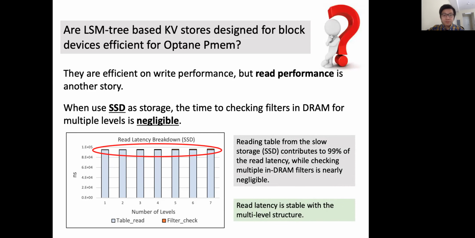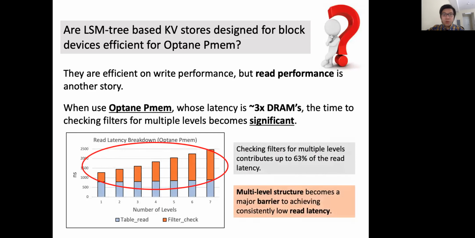But when it comes to using Optane Pmem as the storage, whose read latency is only 3 times that of DRAM, the time to check filters for multiple levels becomes significant. This figure shows the time breakdown of querying keys from a multi-level structure on Optane Pmem with Bloom filters. We can see that the time of checking filters in DRAM is comparable to that of reading a table from Optane.